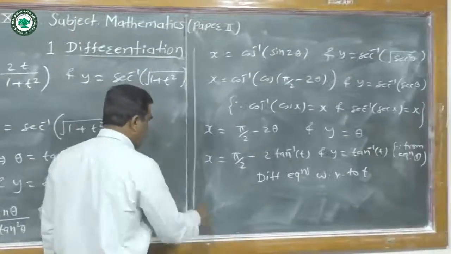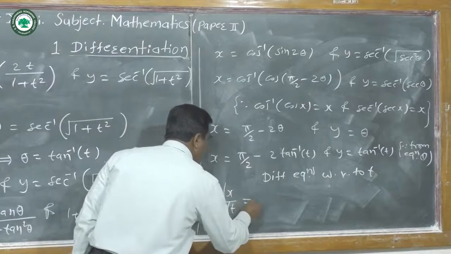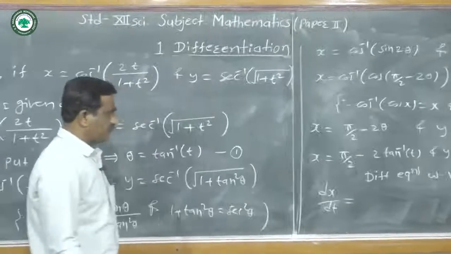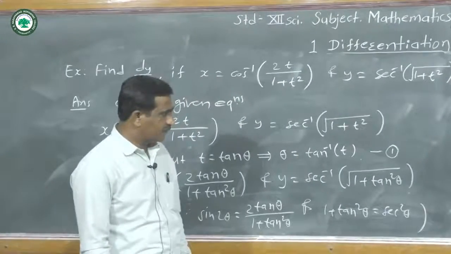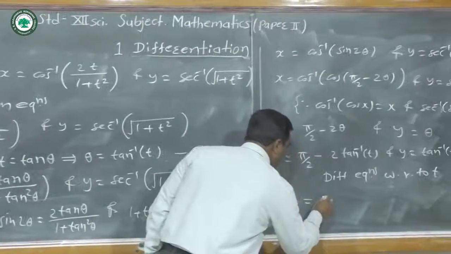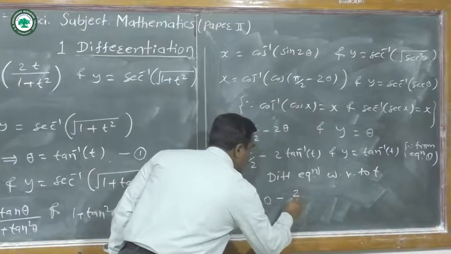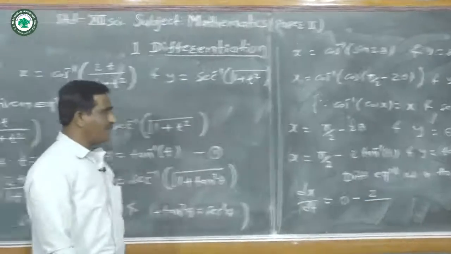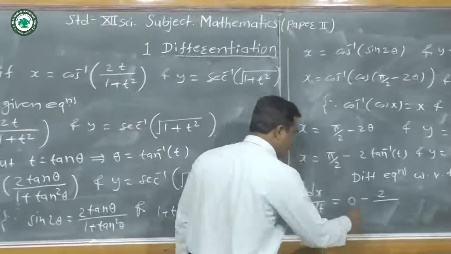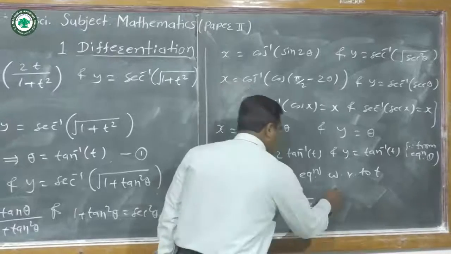Therefore, derivative of x is dx by dt, and derivative of pi by 2 is 0, constant term, minus 2 into derivative of tan inverse of t with respect to t, which is 1 upon 1 plus t square.